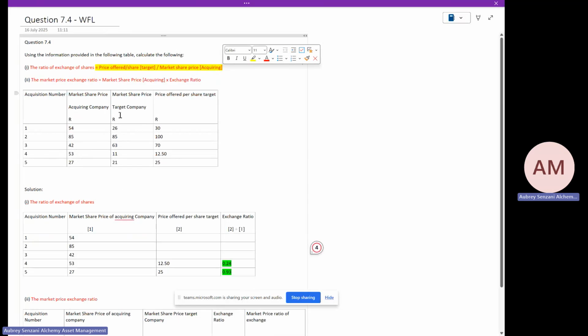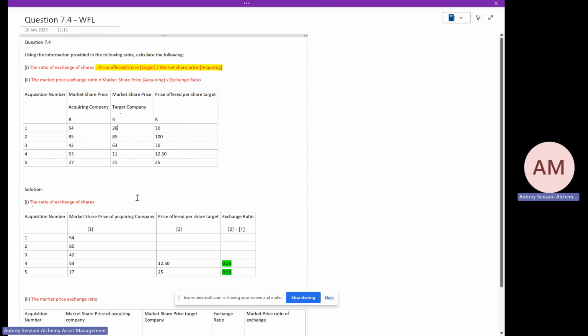Then market share price of the target company. Then there's the price offered per share of the targeted company. This is what we have offered. For the first acquisition, we offered the shareholders 30. Can you see? We offered them 30, but their share price is only worth 26. It's attractive. We're trying to incentivize them to hand over control.